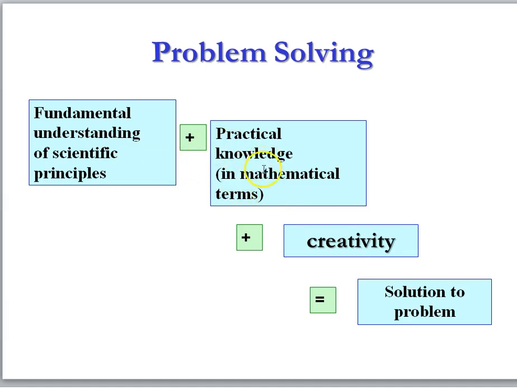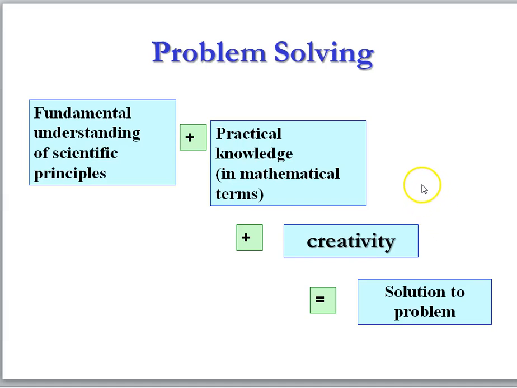So that's the mathematical models of our circuit elements. With a little creativity, so that we can apply the correct methodologies, the correct theories, then we get a solution to that problem. So there is creativity involved in both analysis, but there's even more creativity involved in design.